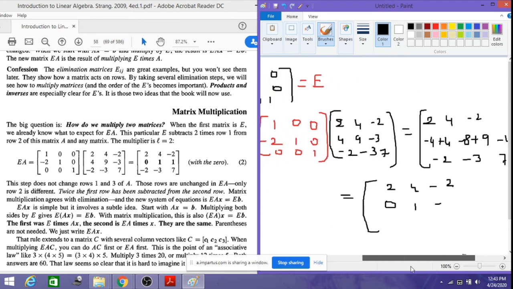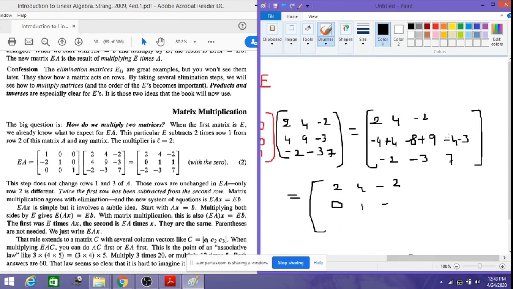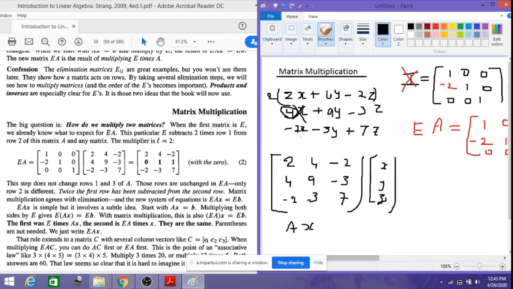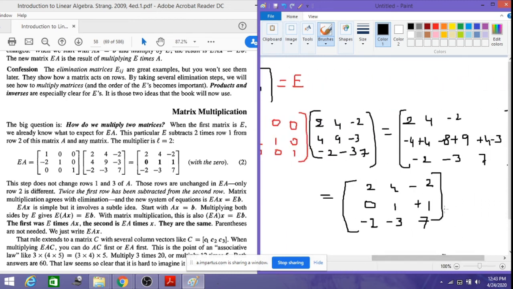The third row is minus 2, minus 3 and 7. So this is how we can obtain it in matrix form, whereas in equation form we multiply and then subtract manually. But in matrix form, we have to multiply the coefficient matrix with the elimination matrix so that we can get this.